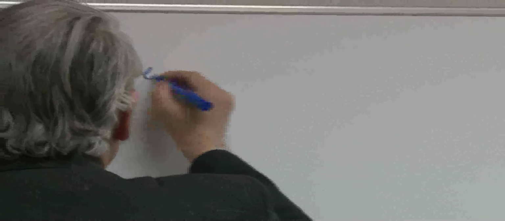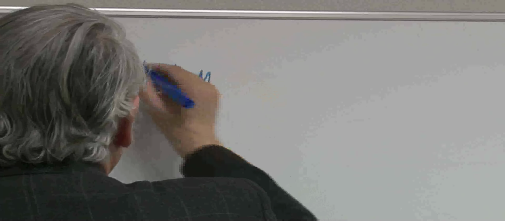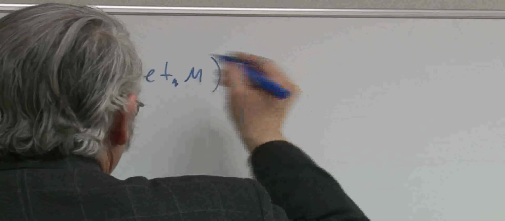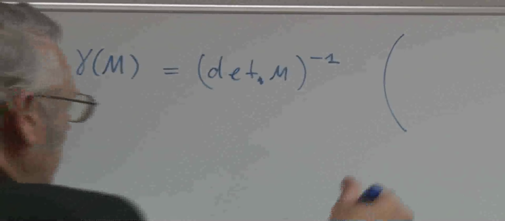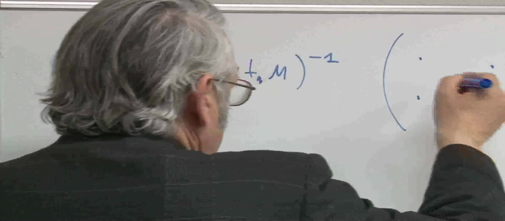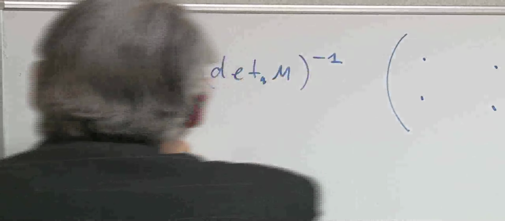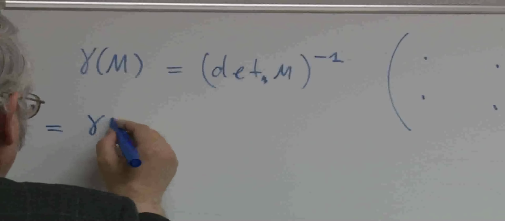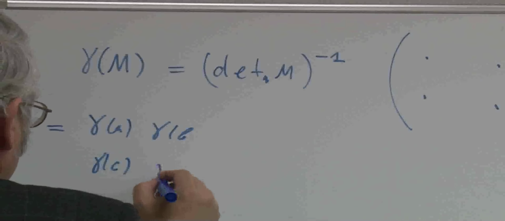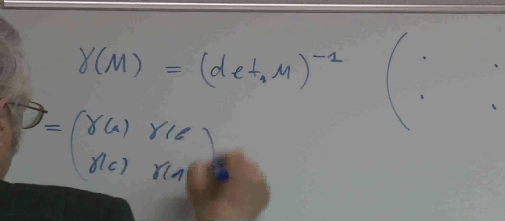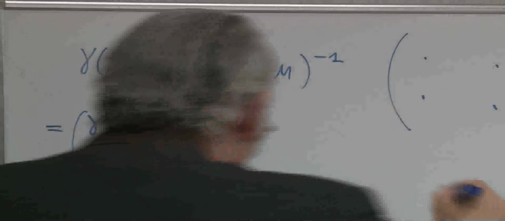So it is defined like delta, determinant_q to the minus one. So this is an algebraic element. It's not the number -1. And here, now M is ABCD. And then we have to write 4 elements which correspond to, so this of course is gamma of A, gamma of B, gamma of C, gamma of D. And concretely this thing is like this.